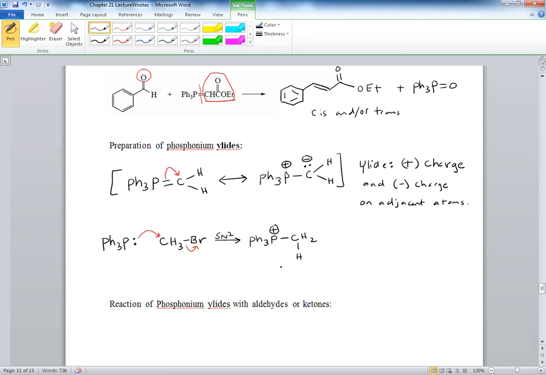Because that will be deprotonated. Now, this has a pKa of around 35. So it's very basic. So you need something even more basic to deprotonate that. And the only way you can do this is with something I worked with in the lab, extremely basic and dangerous. And that is n-butyllithium. So that's a butyl group attached to a lithium. So it basically looks like this.